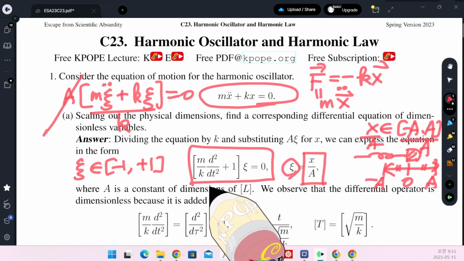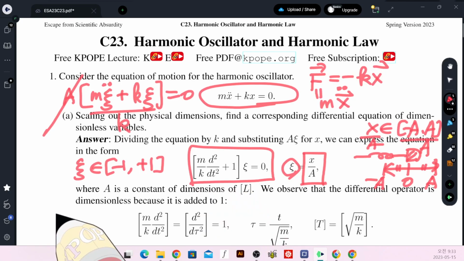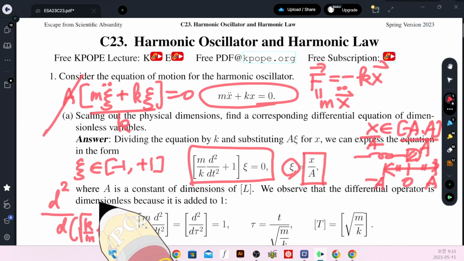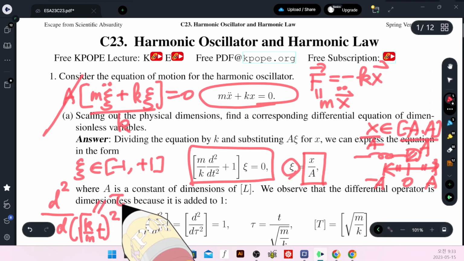Here we define this one, which can be expressed as d squared over something squared, and that is the square root of k over m times t. We define this one by tau that is dimensionless.